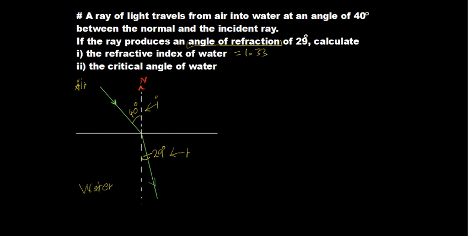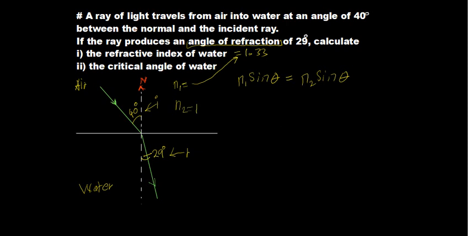Okay, and from Snell's law, we know that n1 sine theta is equal to n2 sine theta. In this case, our n1 is the refractive index of water, which we have already found, which is 1.33. Then n2 is the refractive index of air, and in this case it is 1.